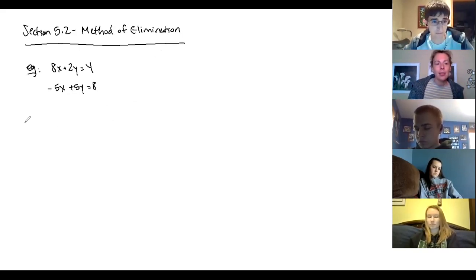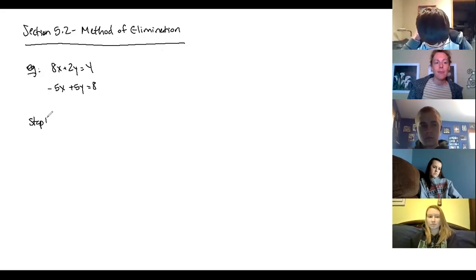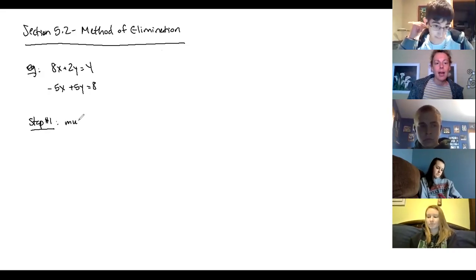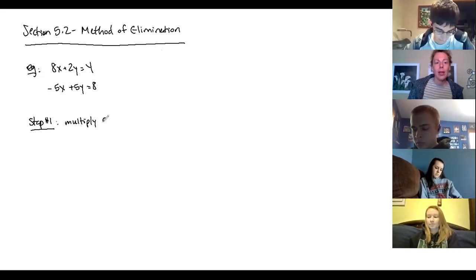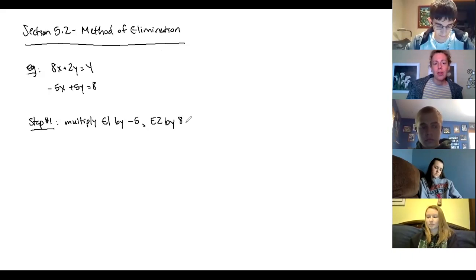If we are doing elimination, we have a couple of different choices. So method number 1, we could multiply equation 1 by negative 5, multiply equation 2 by, we could either do positive 8 or negative 8, it doesn't matter. We'll go with 8 and then subtract.